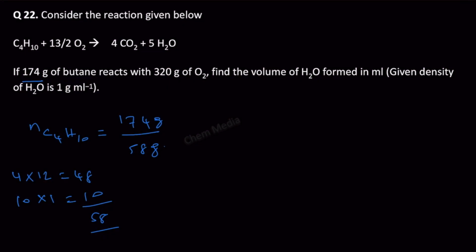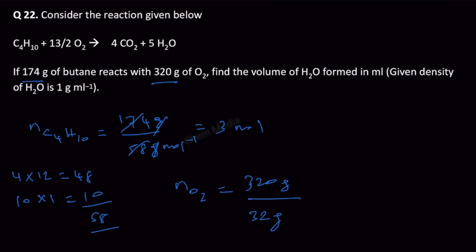So, this means this will be 3 moles. Number of moles of butane is 3 moles. How about number of moles of O2? Number of moles of O2 will be 320 gram, that is the given weight, divided by molar mass of O2, which is 32 gram per mole because 2 oxygen atoms. So, 16 times 2, so 32. Therefore, this will be 10.